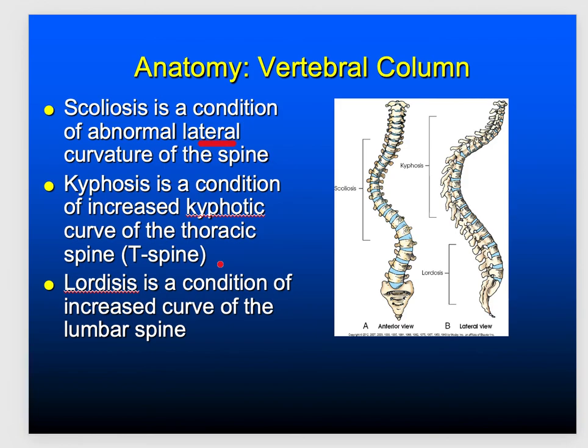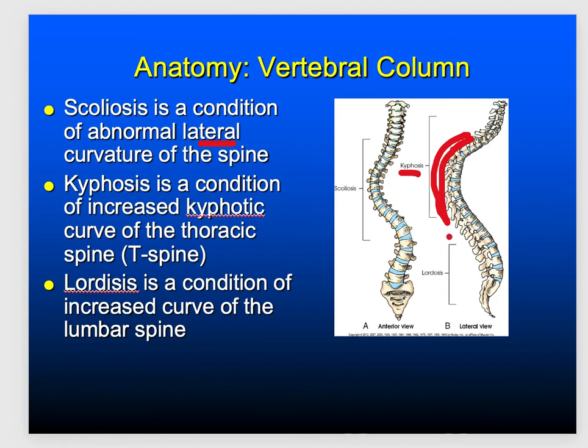So what we need to pay attention to is what curve are we talking about? We're talking about this convex curve here, and the sharper it becomes, the more kyphotic the patient curve becomes.